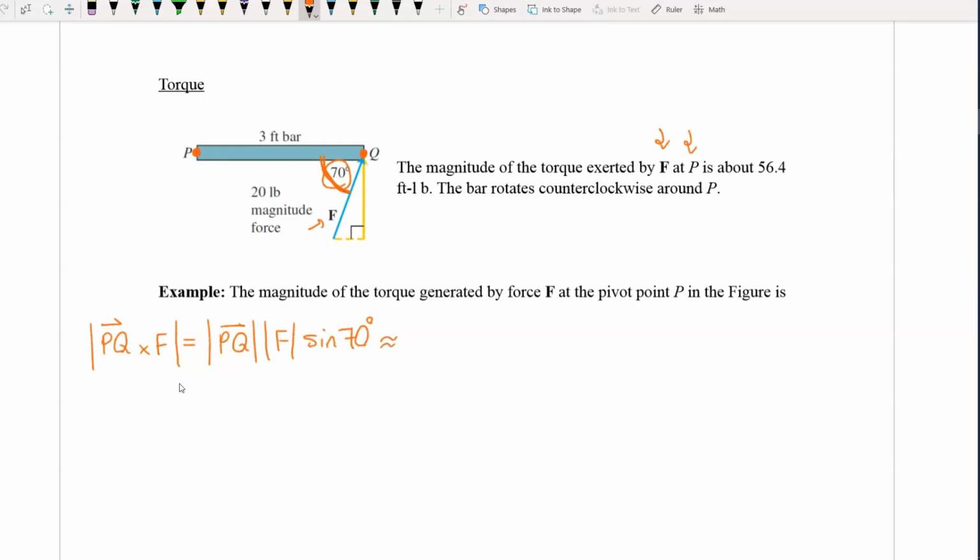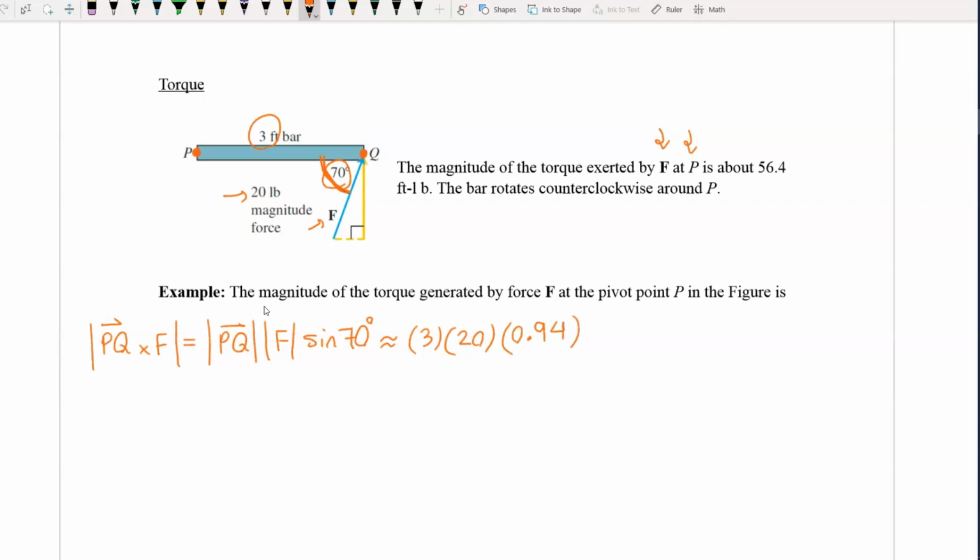So this is approximately equal to, here the length of PQ, and it is given, we have 3 multiplied by 24F, multiplied by sine 70, it is 0.94.